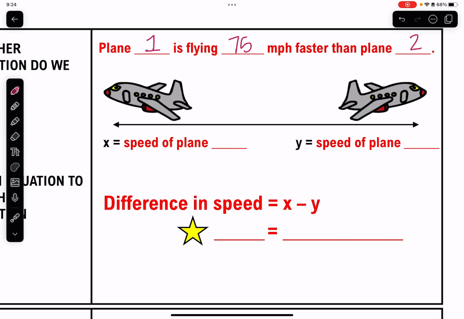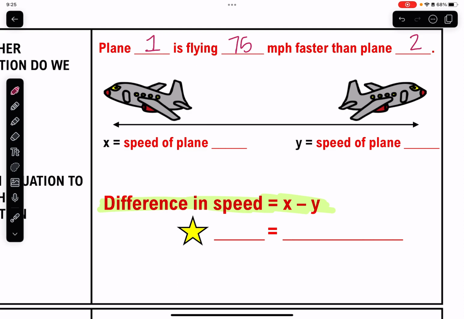Okay? So what I like to do is I'll explain this way down here, but then I'll also explain it a second way because sometimes people get confused with the first way. So we can say always, this is another universal mathematical statement. This will be useful if you do take physics or a chemistry class. The difference in speed is going to be x minus y, okay?